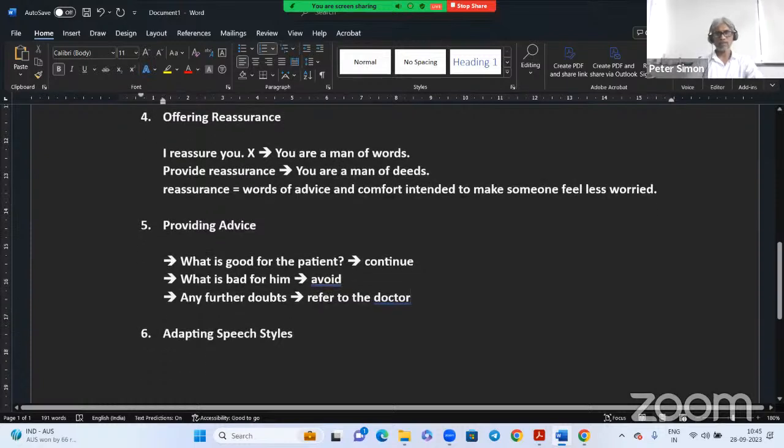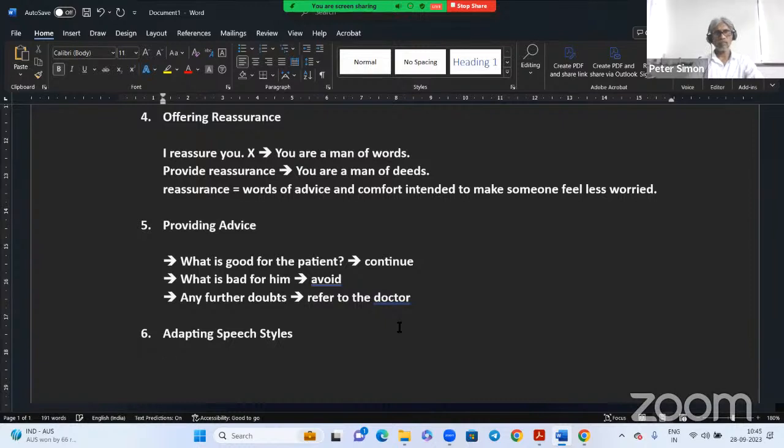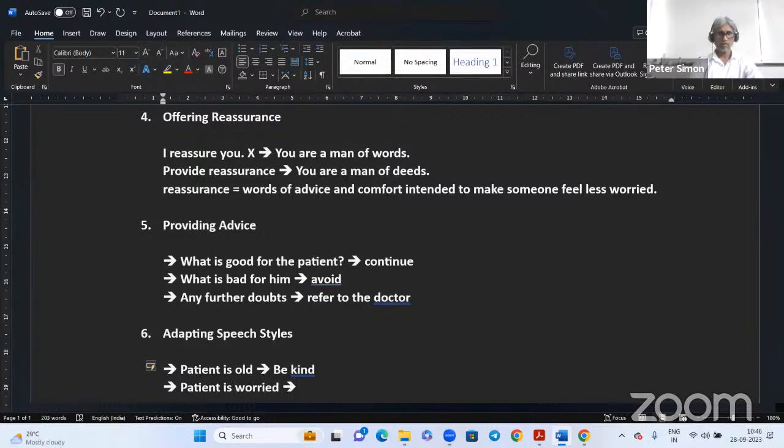Now, adapting teaching styles. The patient is old. Then you have to be kind. Patient is worried.